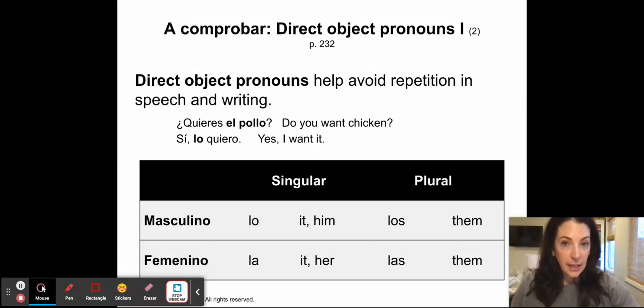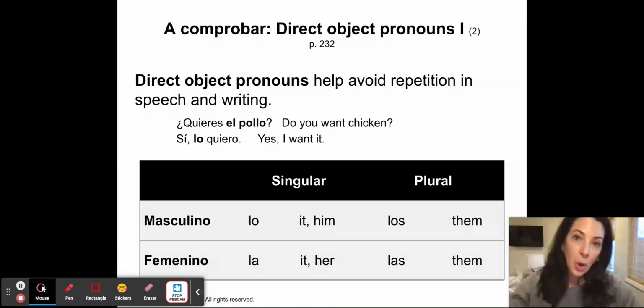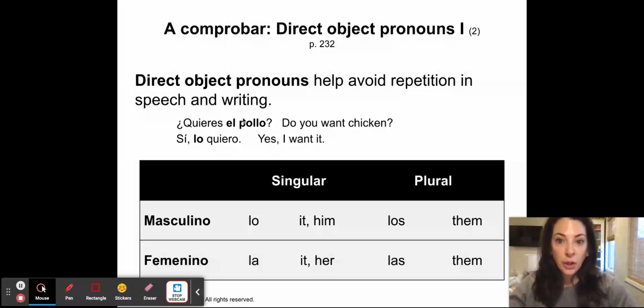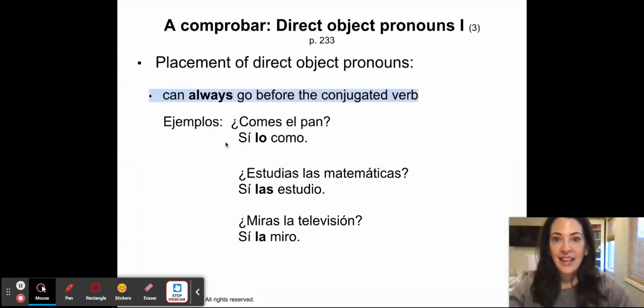So instead of saying, sí, quiero el pollo, yes, I want the chicken, you see, quieres, who or what do you want? Pollo. Then we look at pollo, and we're going to replace pollo with lo. Sí, lo quiero. Is this starting to make sense?